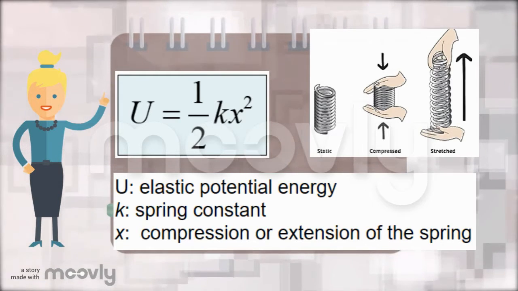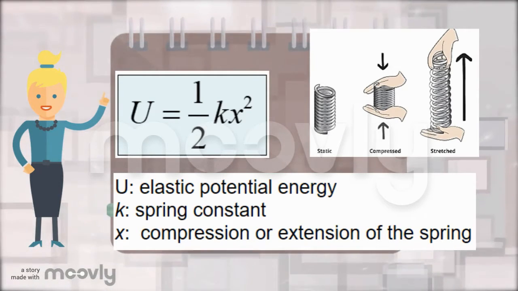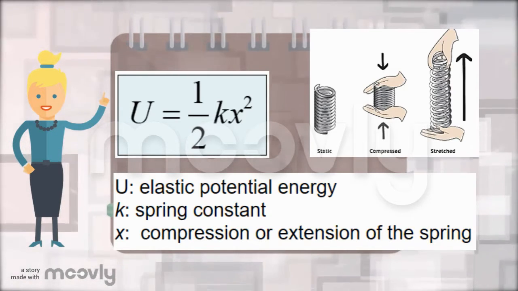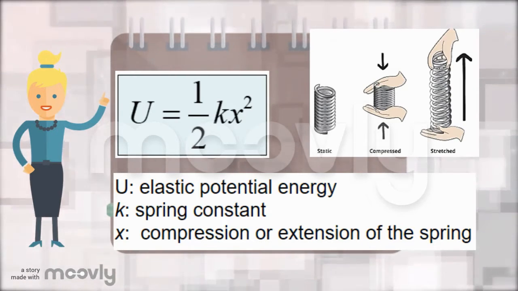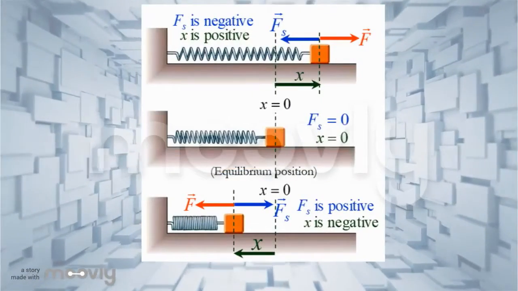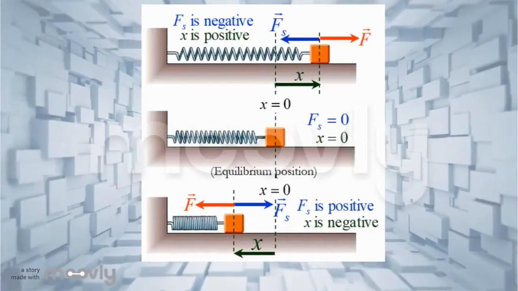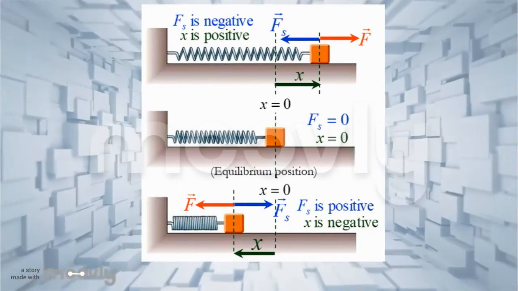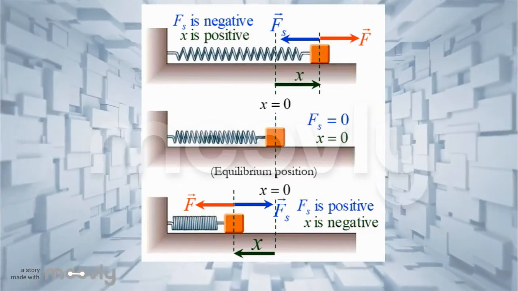Let's see in more detail what it means, compression and extension of the spring. Alright, let's see this picture. In the middle, you can see the spring is at the equilibrium position, where we call it x equals 0.